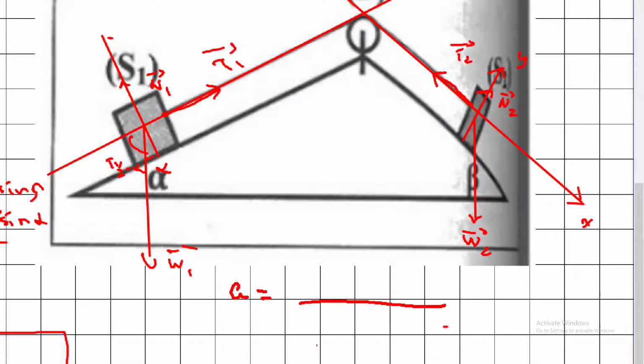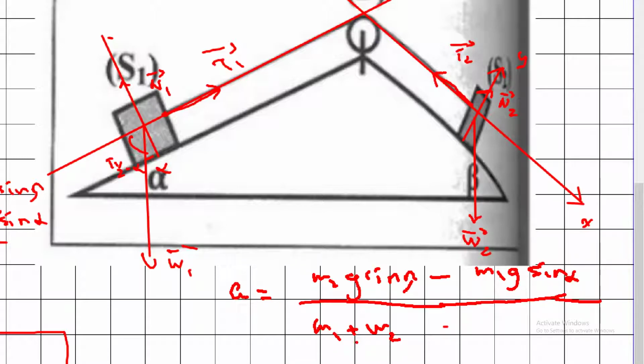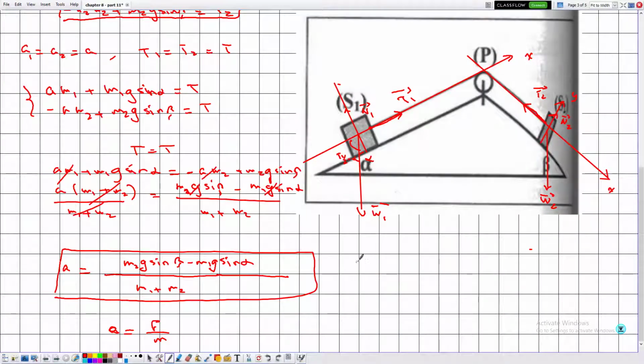The total mass is m1 plus m2, and in the numerator, because we know that the direction of motion is in the direction of S2, it will be the weight of S2 along the x-axis, which is m2g sine beta, because remember always the weight along the x-axis or the acceleration is suppressed by the factor g sine beta. As for the solid S1, it is in the opposite direction of motion, so it's given by m1g sine alpha.